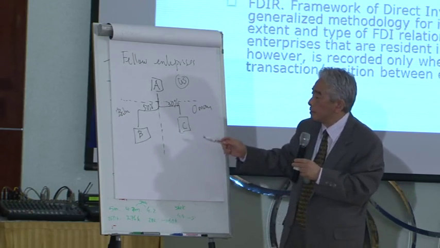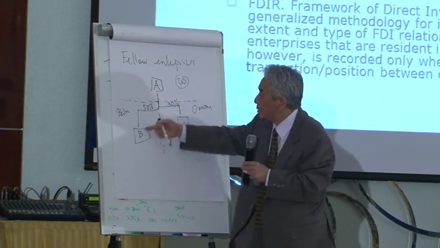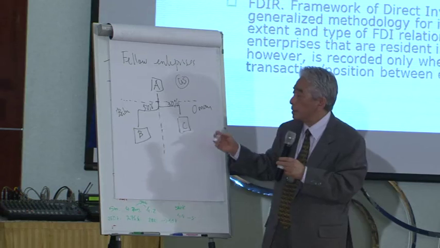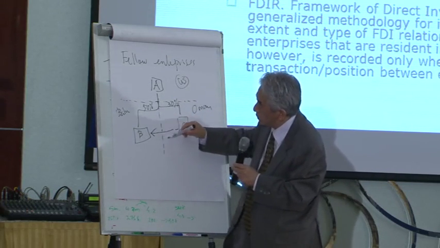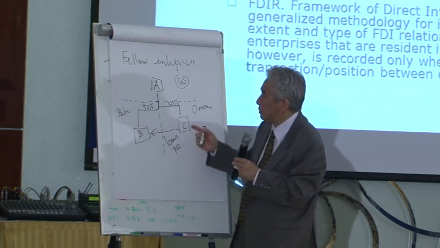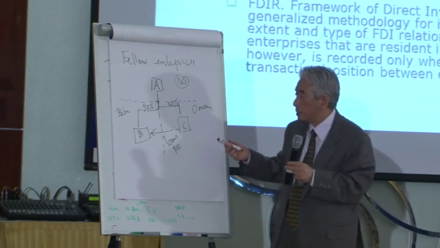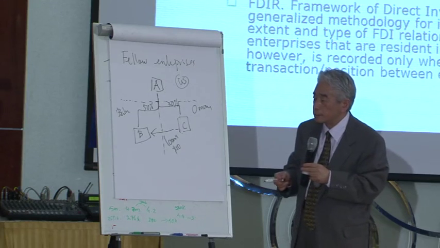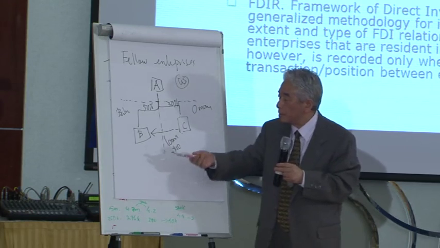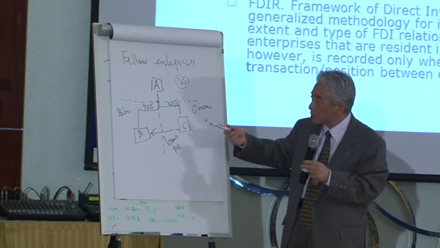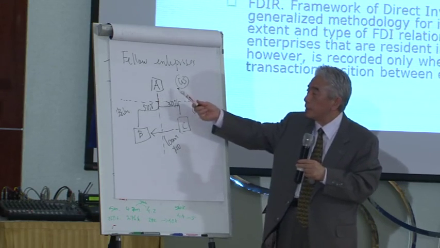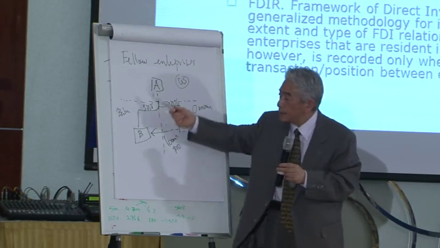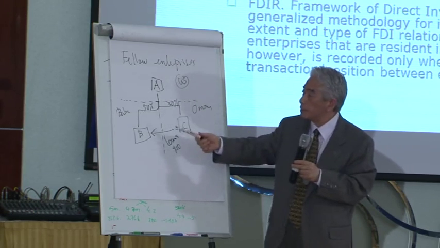If there is investment from A to B or A to C, obviously it's recorded in each country. That's clear. But if C gives loans, for example $10 million, to B, then we assume that A is the parent company and the investment is from their own lands, but ultimately owned by company A in the United States. Since it is within the same family with a common parent company, we assume that the investment comes from A.